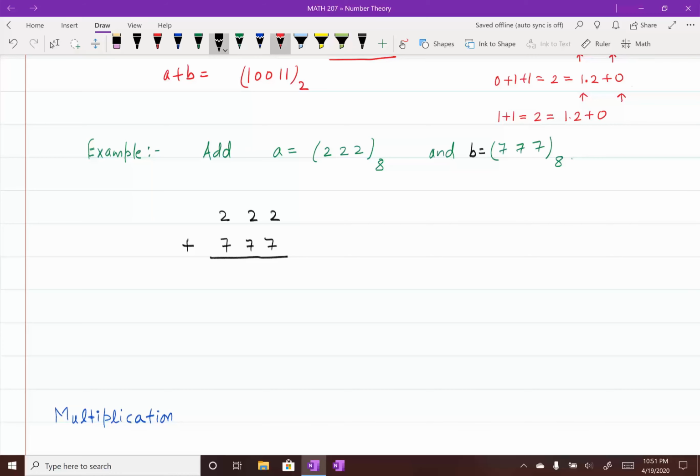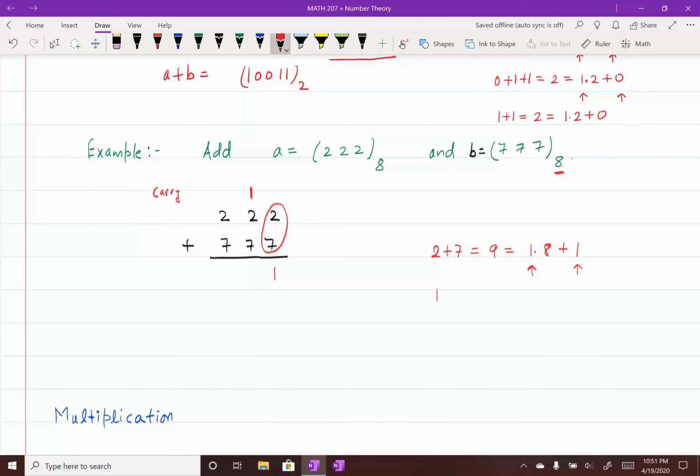First you're going to add the rightmost entry, which is 2 plus 7. 2 plus 7 is 9. 9 you can write with respect to the base 8 here as 1 times 8 plus 1. So the remainder is 1 here, the quotient is 1, so the remainder will go here and the quotient will become a carry. So the carry is going to move forward. So you have a carry of 1 in the next step.